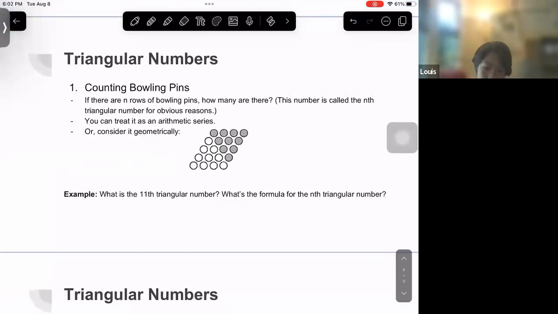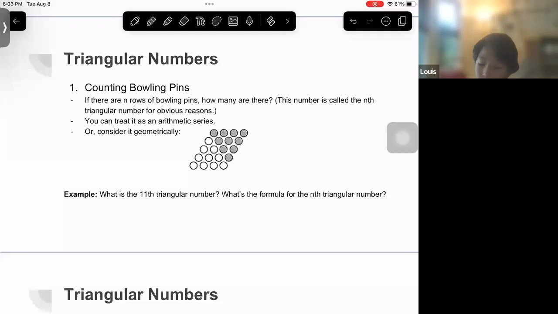Okay. So, counting bowling pins. If there are n rows of bowling pins, how many are there? That is the question that we will eventually want to answer.